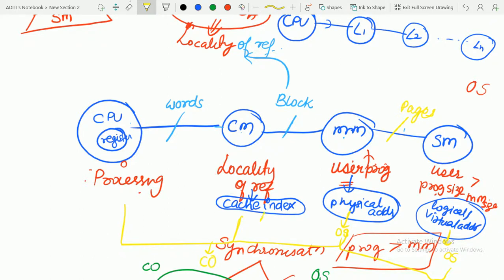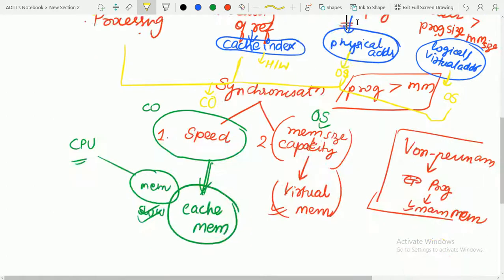The cache index is a hardware address, and this is the physical address in the main memory, and secondary memory contains the logical or virtual address. In the next lectures we are going to study this part. The CO part is concerned with the CPU and the cache memory, while the OS part is concerned with the main memory and secondary memory.